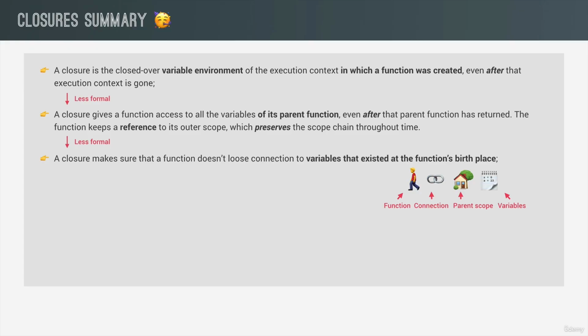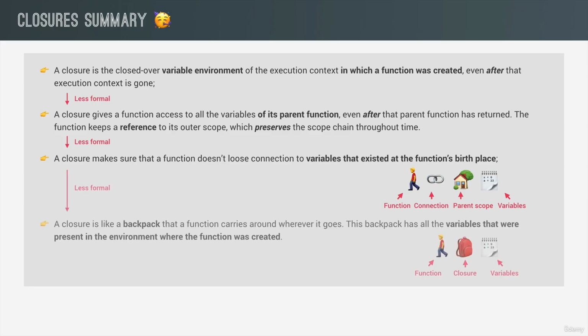And I hope that makes sense. Finally, some people like to think of this attached variable environment as a backpack. So in this analogy, a function has a backpack which it carries around wherever it goes. And this backpack contains all the variables that were present in the environment in which the function was created. Then, whenever a variable can't be found in the function scope, JavaScript will look into the backpack and take the missing variable from there.